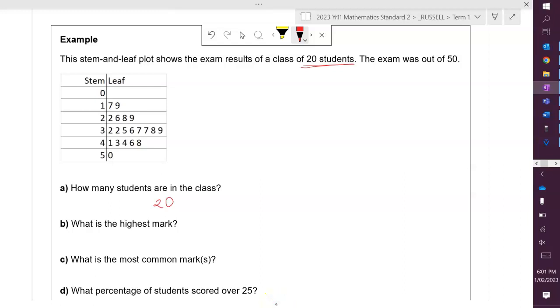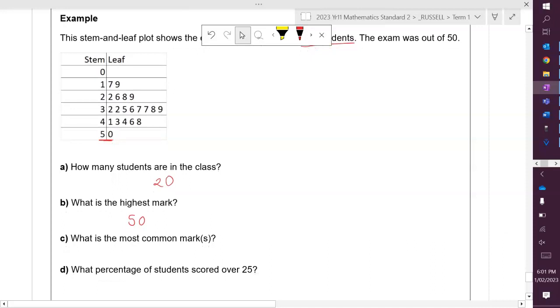What is the highest mark? With a stem and leaf plot, as we stated before, they should be in order. So our highest mark is going to be the one at the bottom, which is read as 50. The most common mark is the mark that appears the most often, and we can always have no common mark. It might be that every number is only there once. It might be you have 2 or 3, and that is also okay.